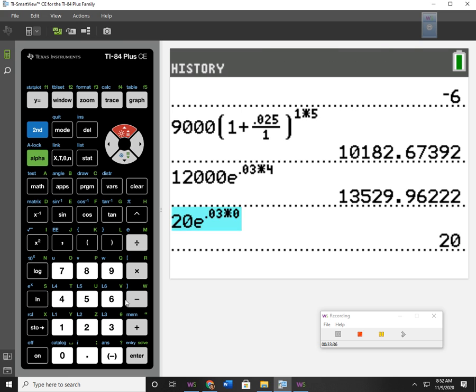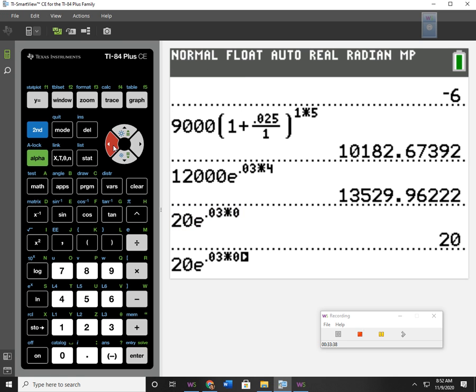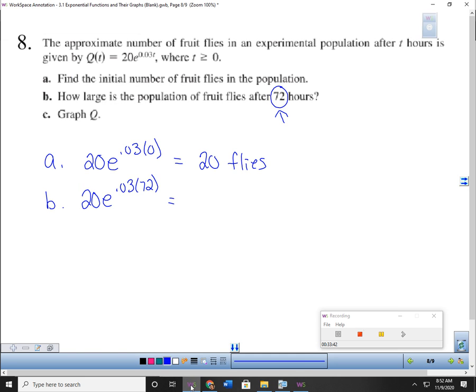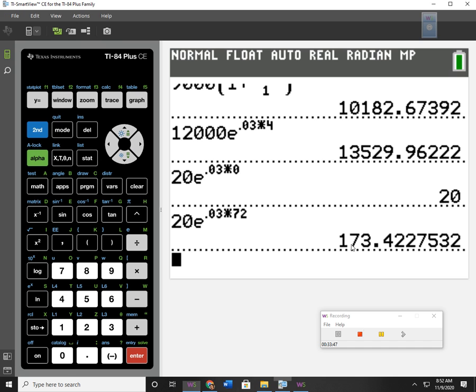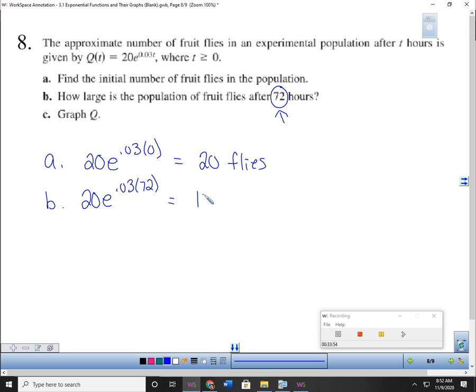Instead of putting a 0 up there, I need 72. So at the end we have 100, and we're just going to round this, so 173 fruit flies. Man, that's a lot of flies. And we're not going to graph it.